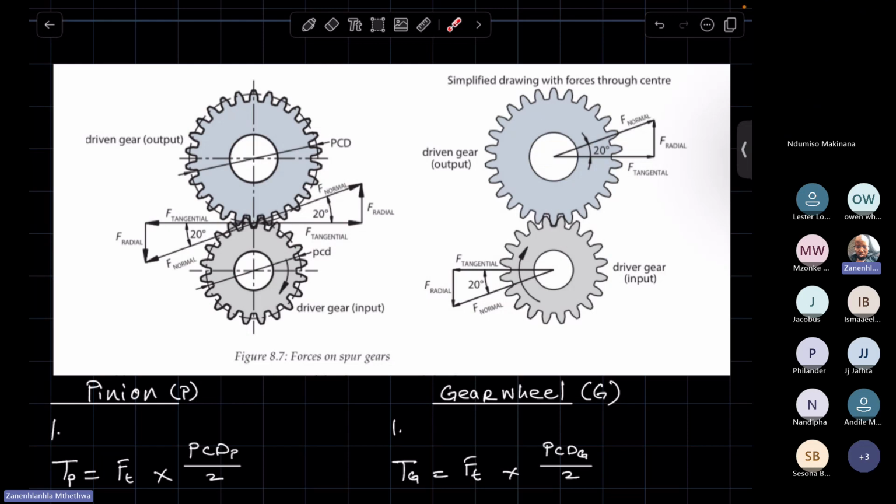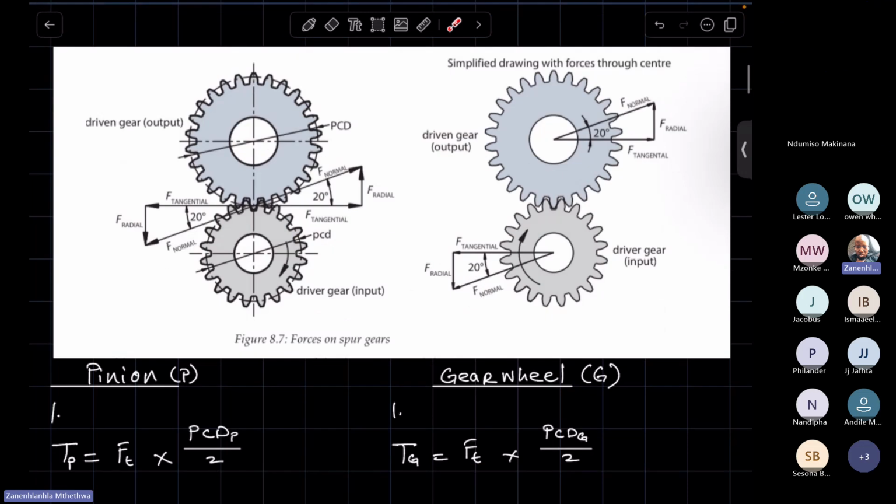Now, forces that meshing gears are subjected to. First of all, for there to be any kind of motion, essentially angular motion, for gears in mesh, or for motion to be initiated here, you need to have a force being applied, and that force being applied is known as the tangential force.